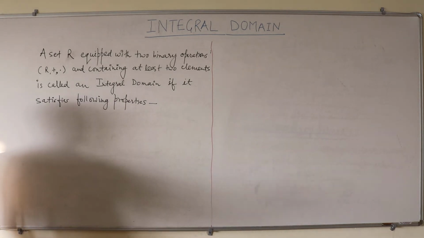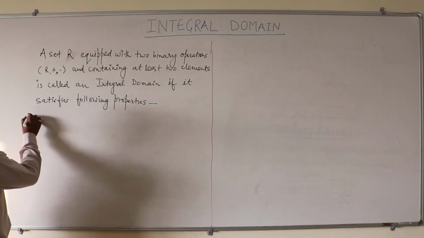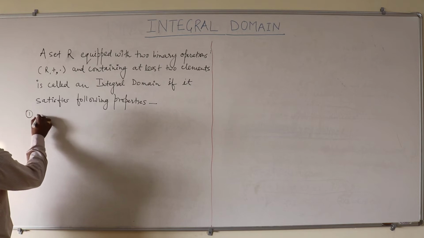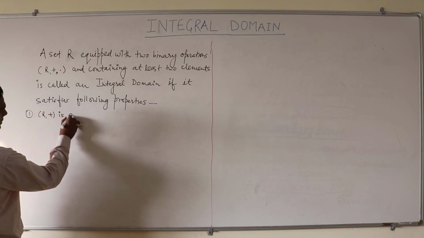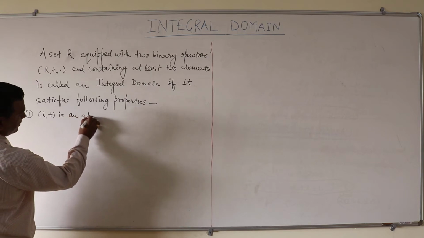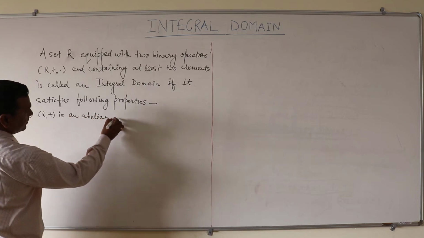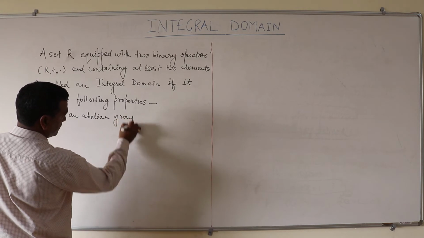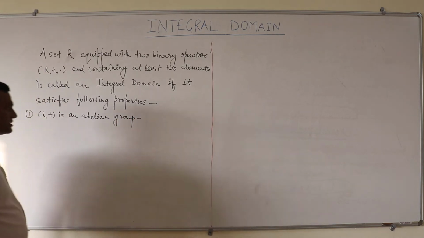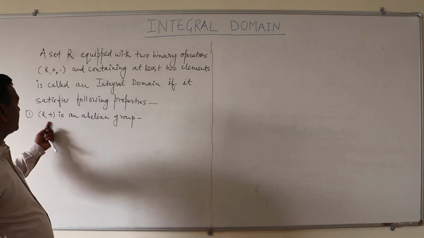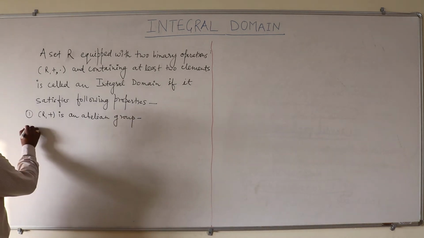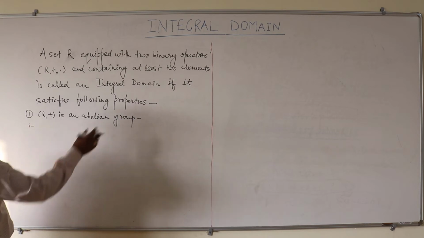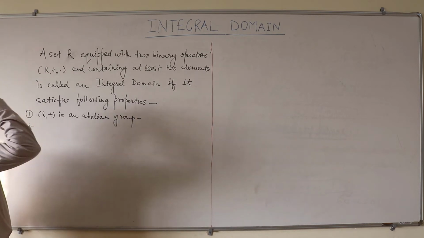So the first property is R plus is an abelian group. This is the first property, means R with addition operation will be an abelian group. We have already seen these properties in the abelian group.